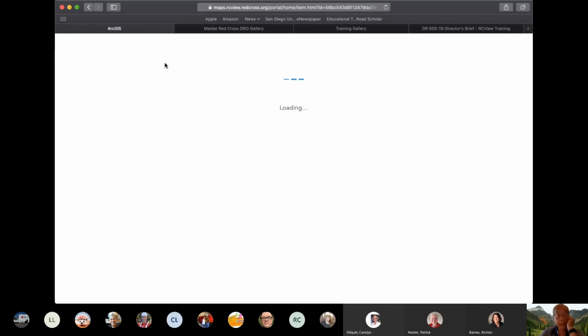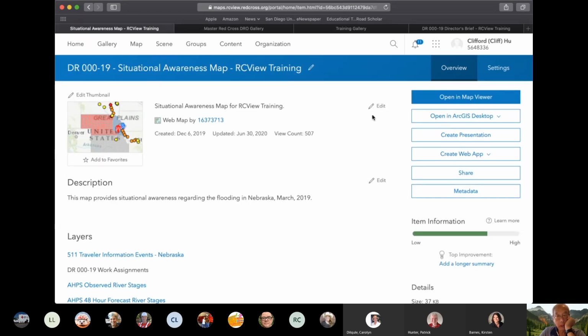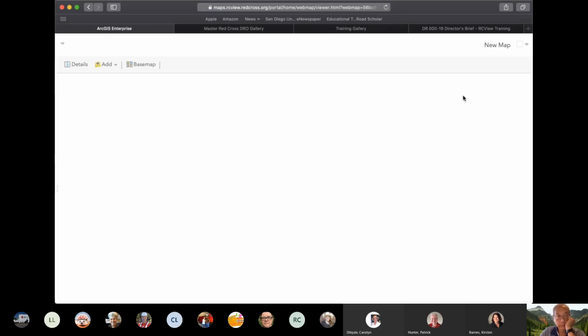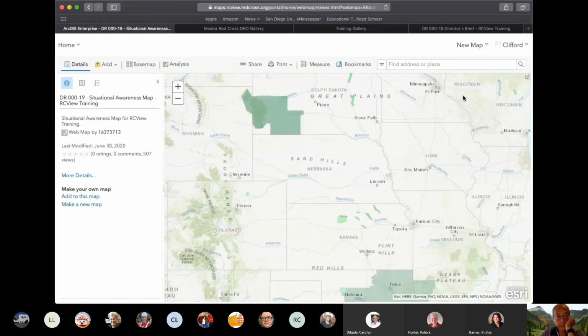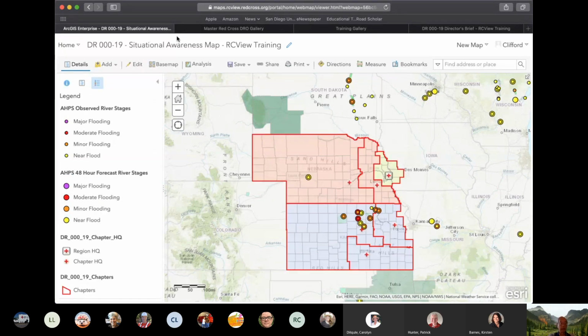So if I was a mapper, these are the steps I would go through. Open up in the viewer. I'll let this build for a sec. So the question was, how do I add layers? Well, I add a layer to something called a web map.